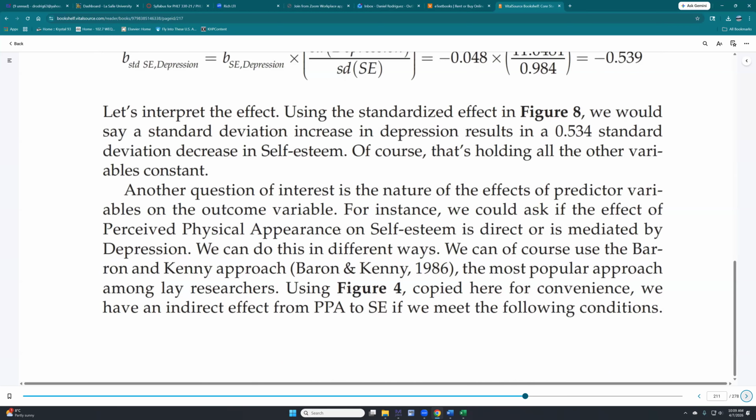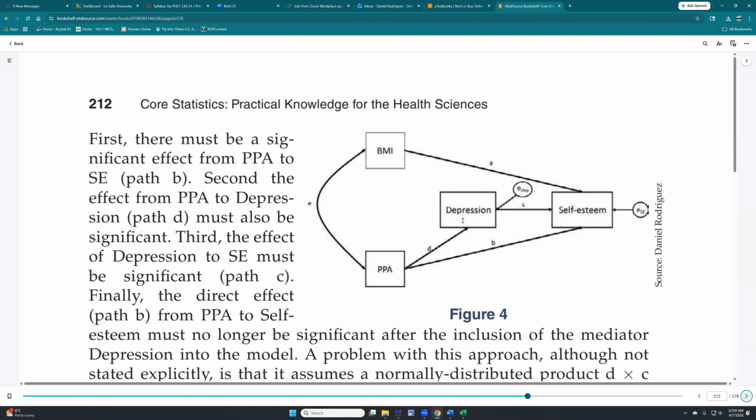As you know from an earlier lecture, we can use the Baron and Kenny approach, which has its flaws, but the reason I taught you about it is because it's so pervasive that you should know it, even though I think it's a little old-fashioned now. Using figure 4 copied here for convenience, we have an indirect effect that we can test, from PPA to depression to self-esteem through depression.